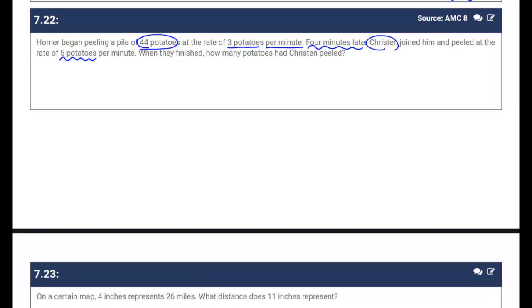Anyway, during the first 4 minutes, Homer peeled 3 potatoes per minute times 4 minutes. So that's going to be 12 potatoes, right? And that leaves 44 minus 12, which is 32 more potatoes to peel.